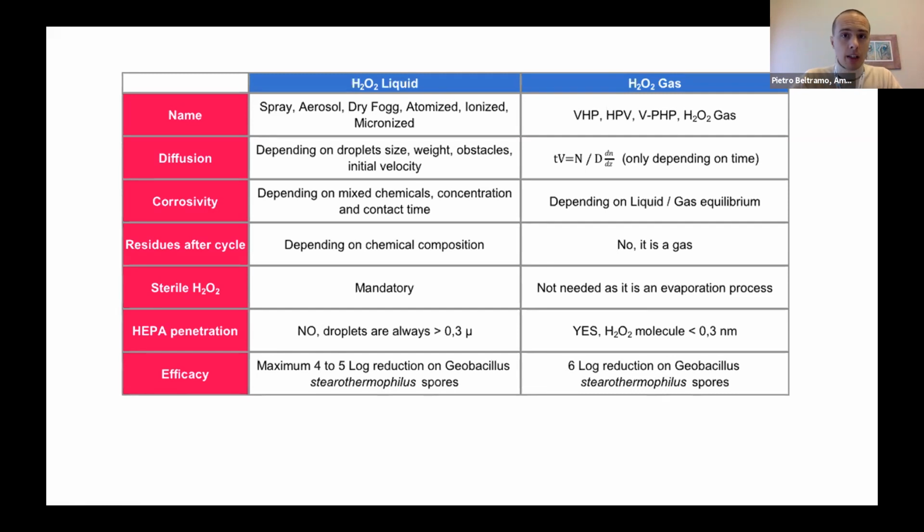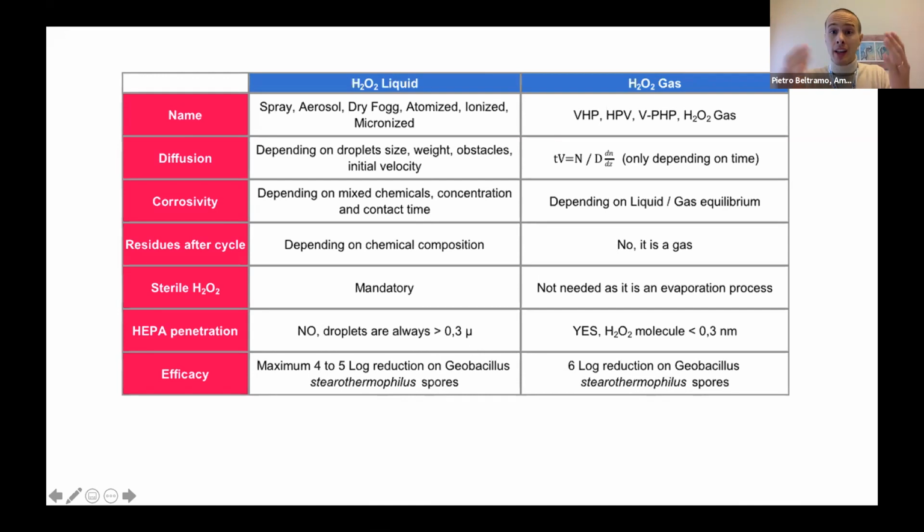Last but not least, even if this is a big discussion, but okay, we can discuss, at least in my experience so far, the efficacy of sprayed H2O2. I don't mean efficacy in one point, but take into consideration what I told you so far. If I take a room or an isolator and I do a real test with biological indicators with the most resistant spore, the H2O2 one, which is Geobacillus stearothermophilus spores.